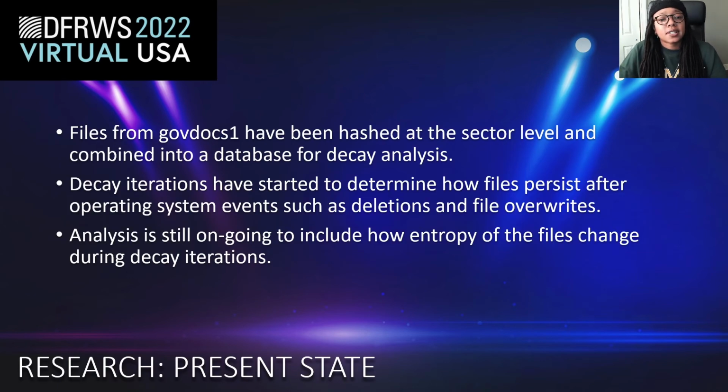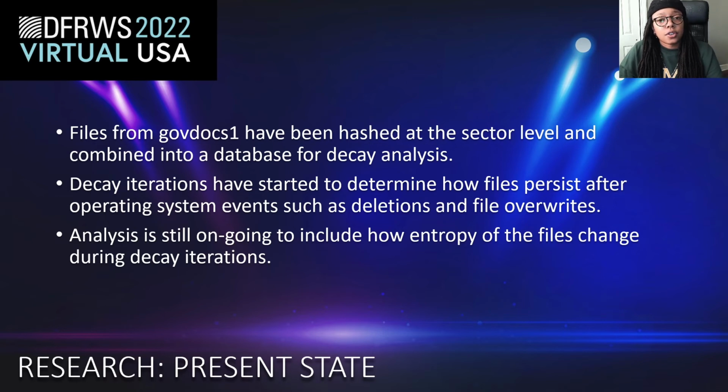So our present state right now, we have hashed all of the GovDocs corpus. As I said, it's approximately 1 million files, and they have been hashed at the sector level and put into a database for analysis. We have also begun decay iterations in order to determine how those sectors persist after file overwrite and delete events.